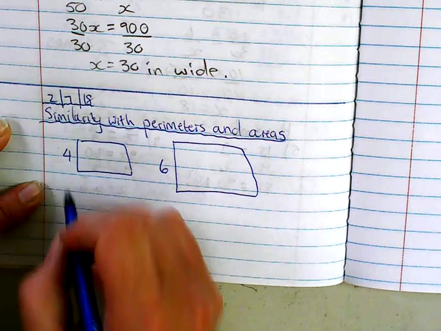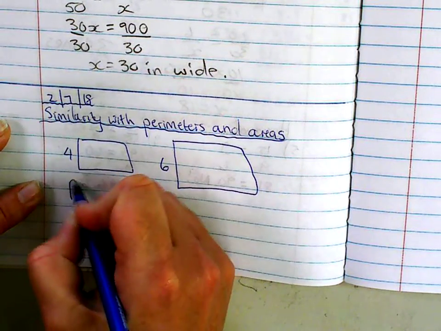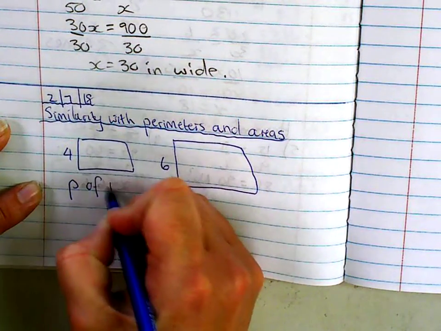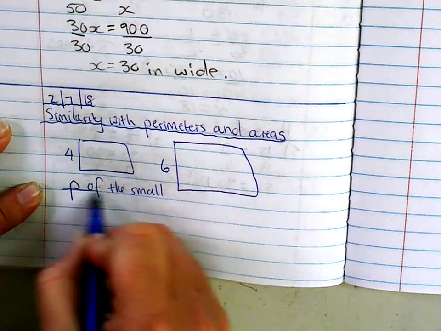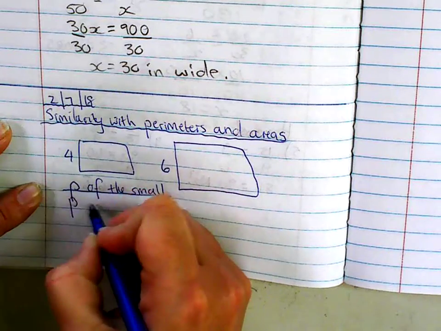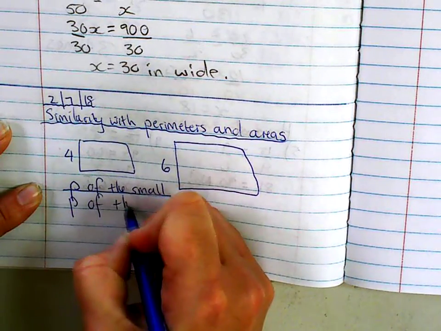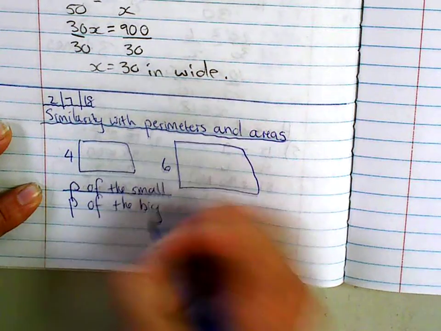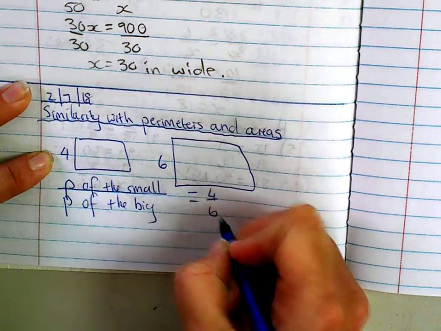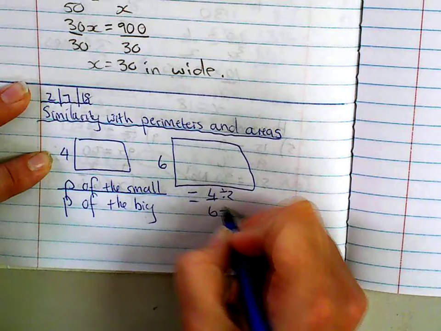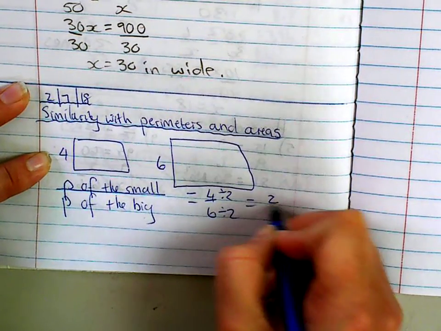So we can say the perimeter of the small rectangle on top of the perimeter of the big rectangle would be 4 over 6 reduced, it gives me 2 over 3.